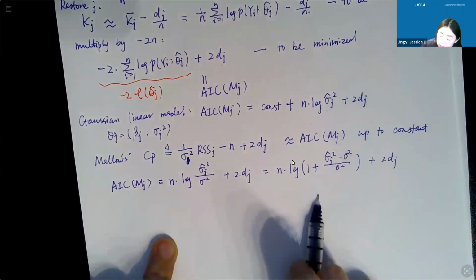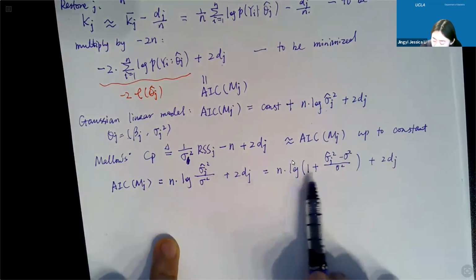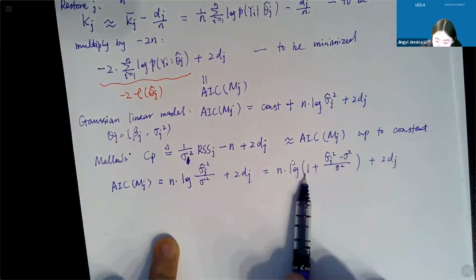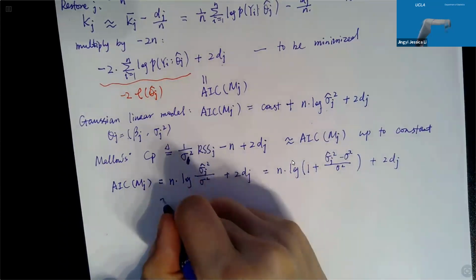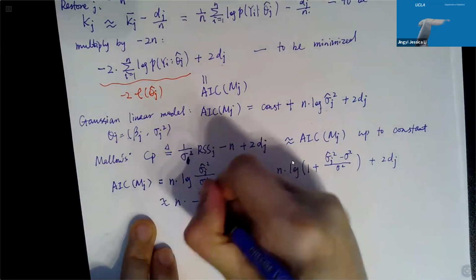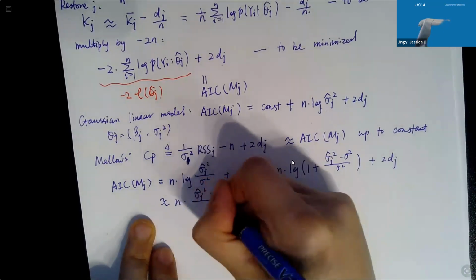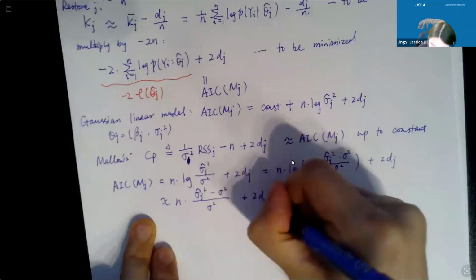Now I'm going to use an interesting result in calculus. That is, if it's log 1 plus a small constant, it can be approximated just by that constant. So this is approximated by n times sigma j hat square minus sigma square over sigma square, plus 2dj.